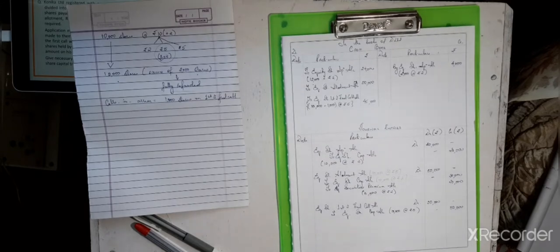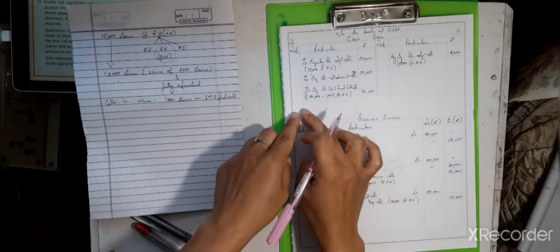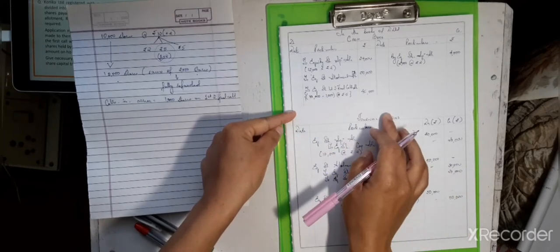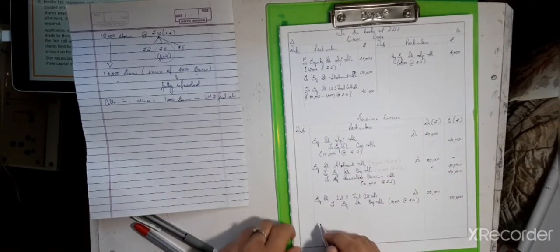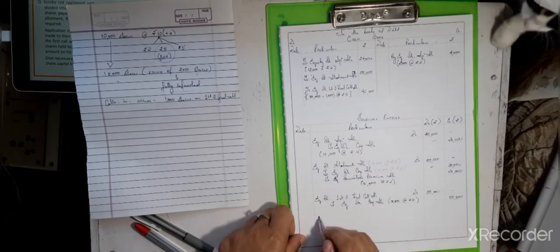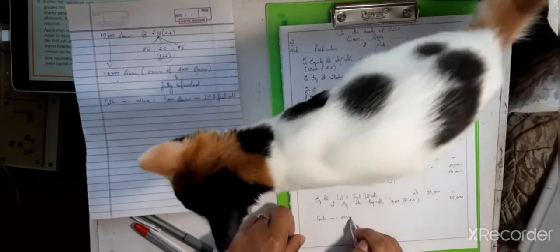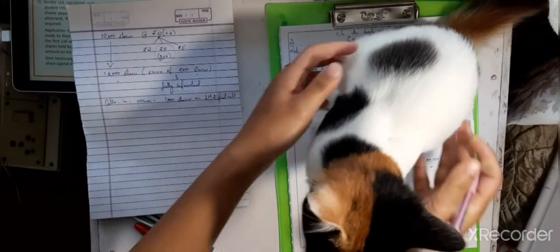Okay, so this is the amount we're receiving on share first and final call. Now what about the balance that we have not received? The balance will be transferred to your calls in arrears account. So that amount that is remaining, 5,000, will be transferred to our calls in arrears account.